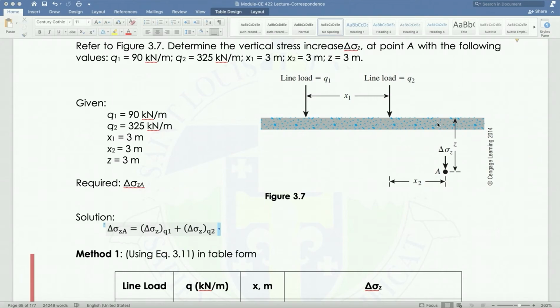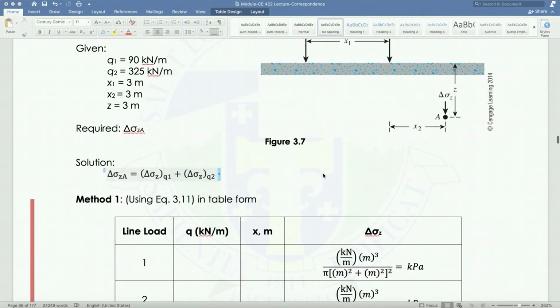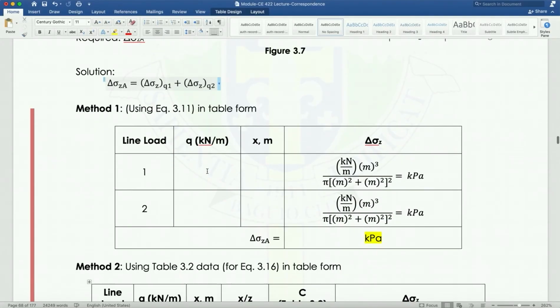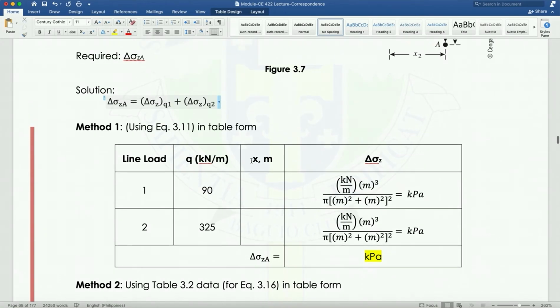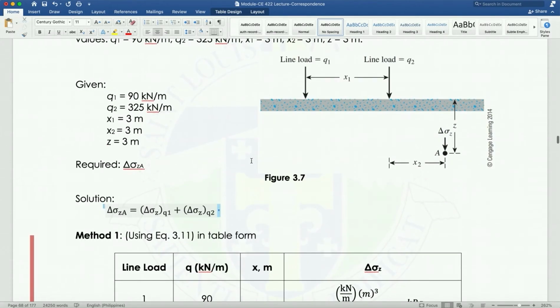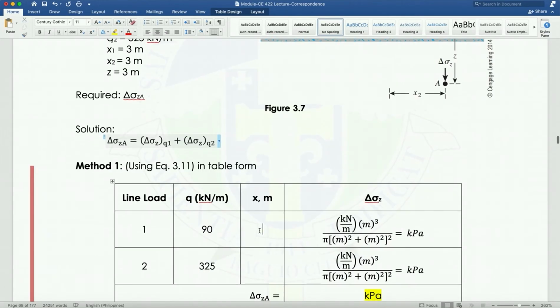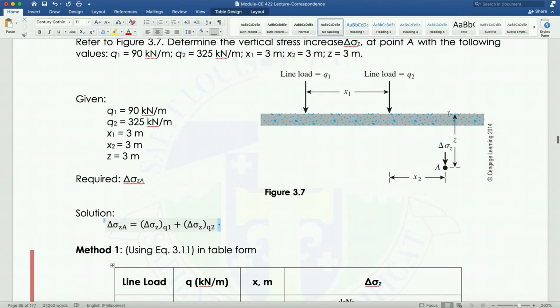So load 1 is equivalent to 90 and load 2 is 325 kilonewton per meter. Next, the distance. The distance of the 90 is 3 meters plus another 3, that is equivalent to 6 meters. Next, for the 325, it is 3 meters.